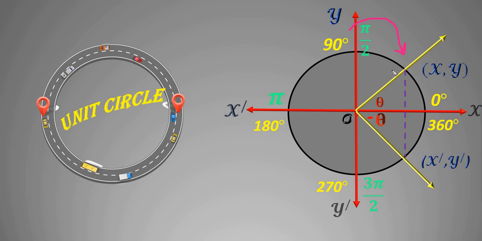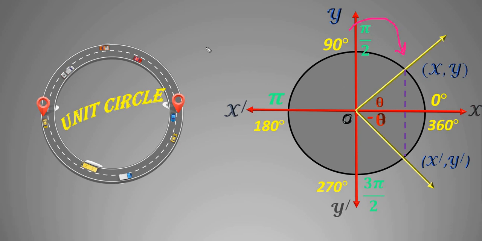In the first quadrant all the trig functions are positive. But pi over 2 converts sine to cosine. Determine the sign before converting the function.